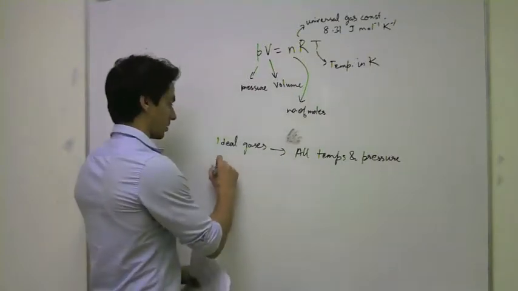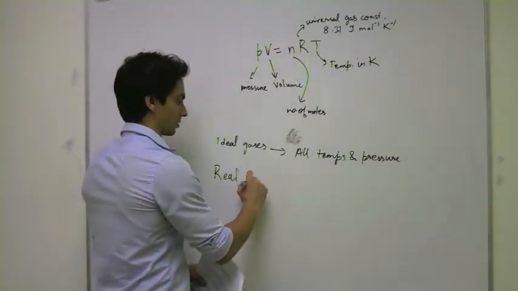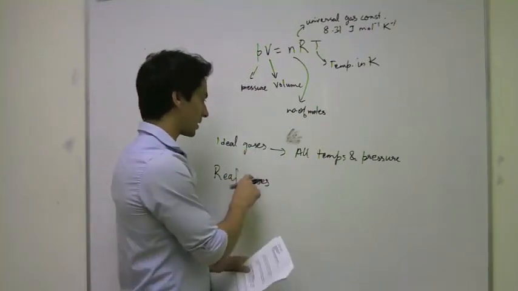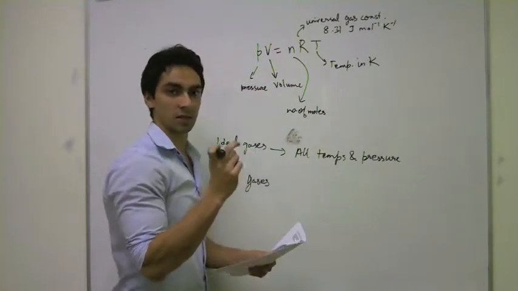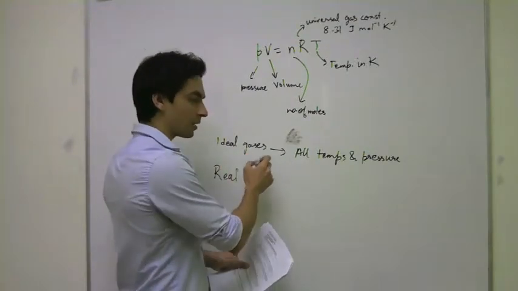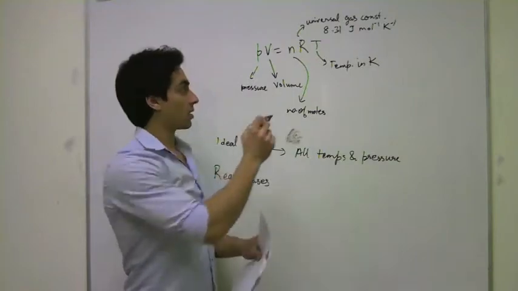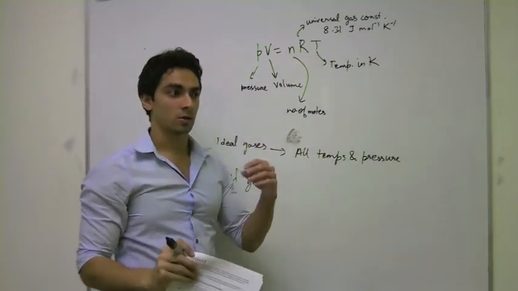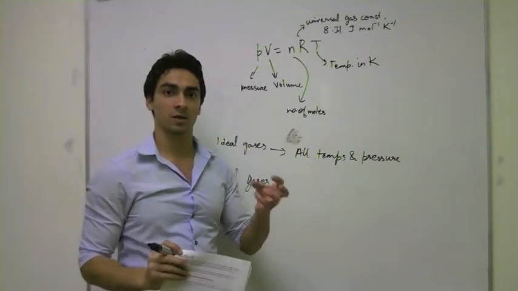Okay. Real gases. Now, firstly, what's the difference between a real gas and an ideal gas? The significant difference is the intermolecular forces of attraction. So, real gases would behave like ideal gases and obey this equation approximately under conditions when the forces of attraction can be neglected.